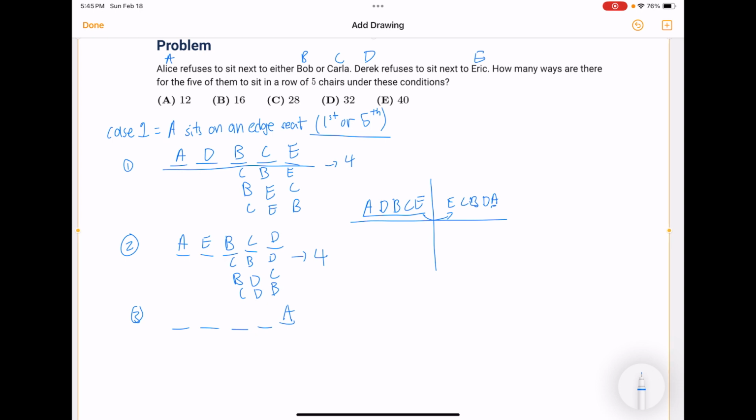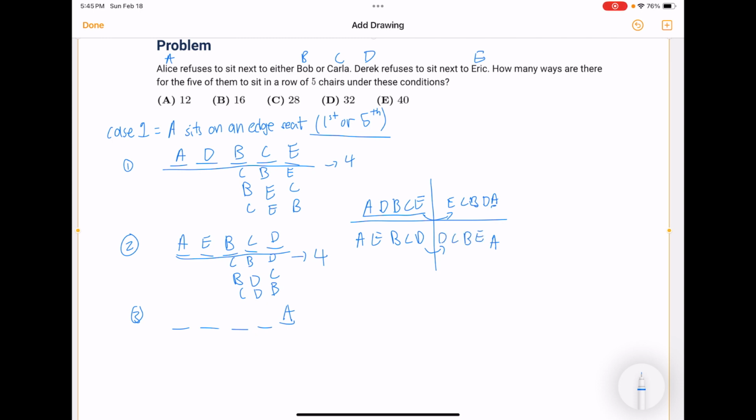So let me just give you another example. Let me take this one: A, E, B, C, D. If you flip it, then A would automatically fall in the last chair, and then these would just go over.